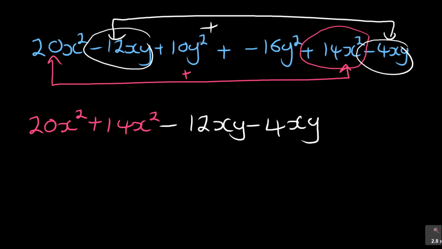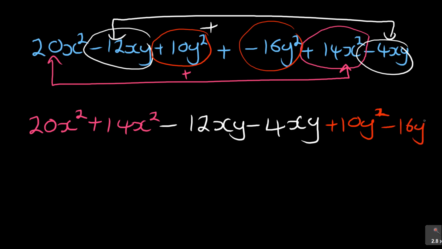Lastly, we have got plus 10y squared and minus, because they said add, that's why you've got that sign. So you've got plus 10y squared, and then minus 16y squared. Like terms with their signs, but the calculator will help you.